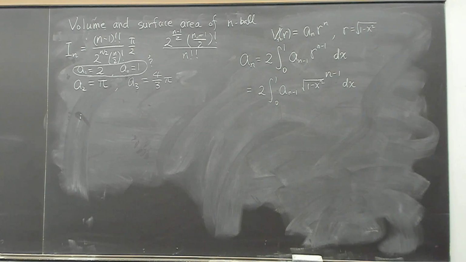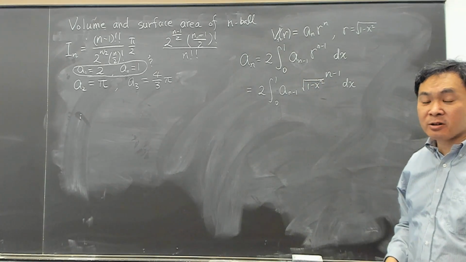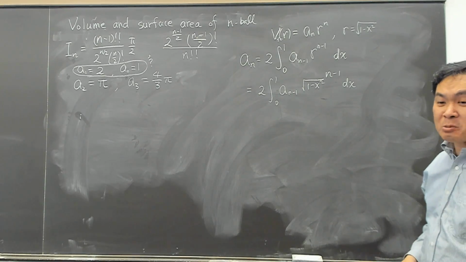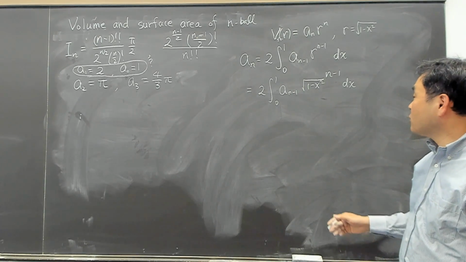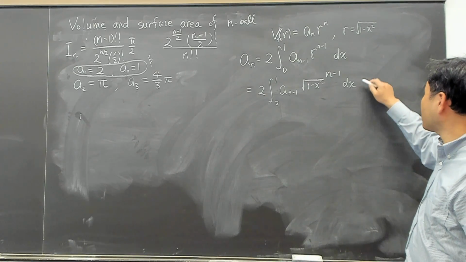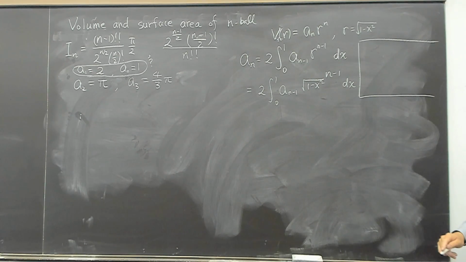Okay, now we learned in calculus that if you see a square root of 1 minus x squared, one of the ways to approach this is to use trigonometric substitution, right? So we're going to do trigonometric substitution. Let me write down the trigonometric substitution in case you forgot.